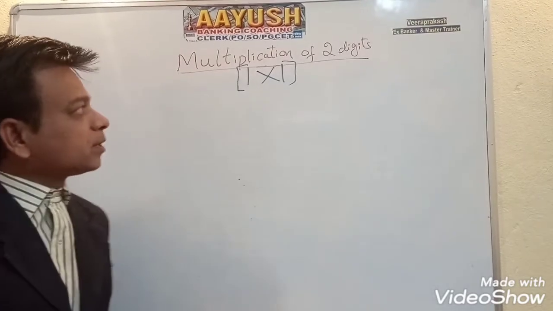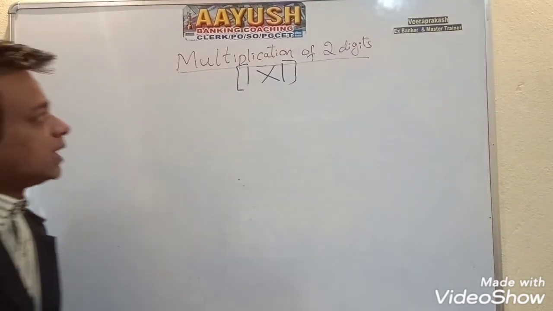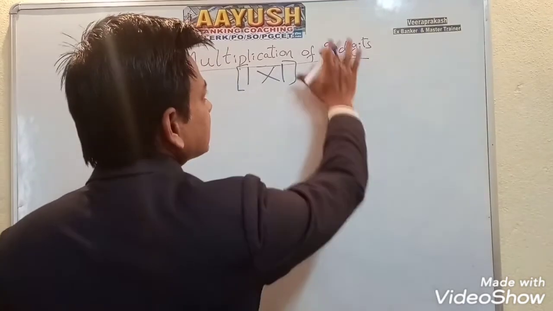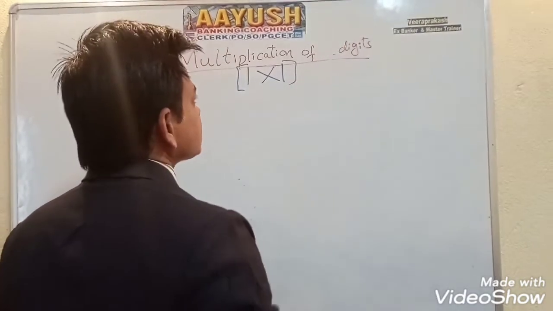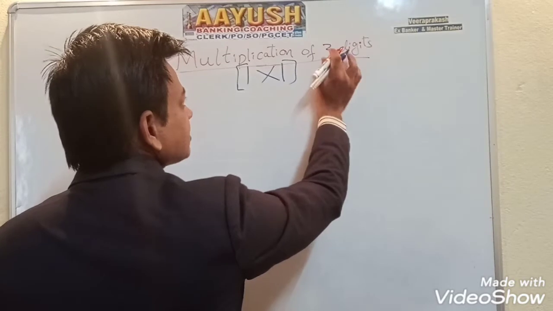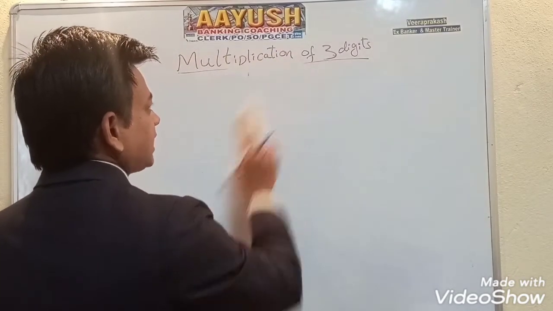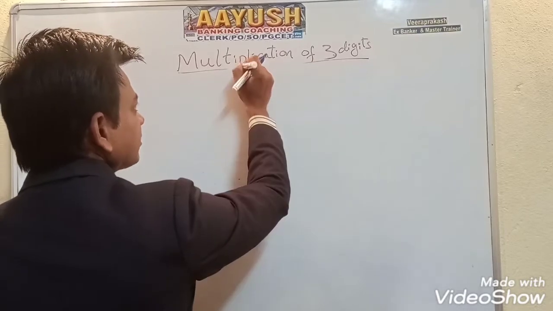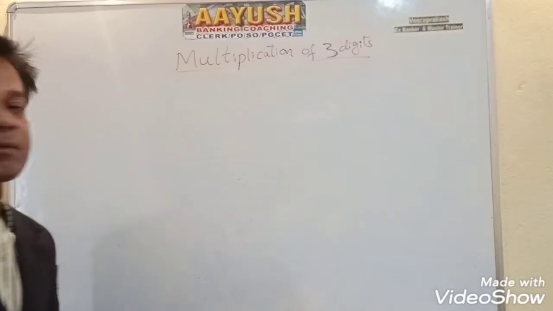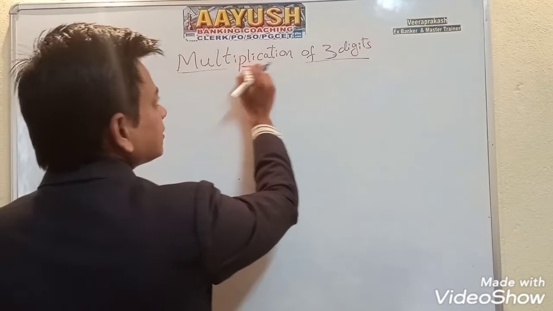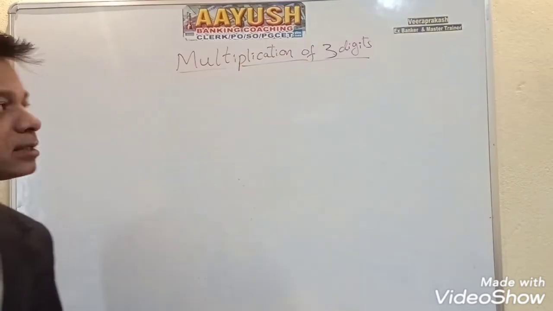So it is an ongoing process. Next we'll check with 3 digits. What happens in the multiplication of 3 digits? Here there is a slight change in your method, because here the numbers go up to 3 digits.